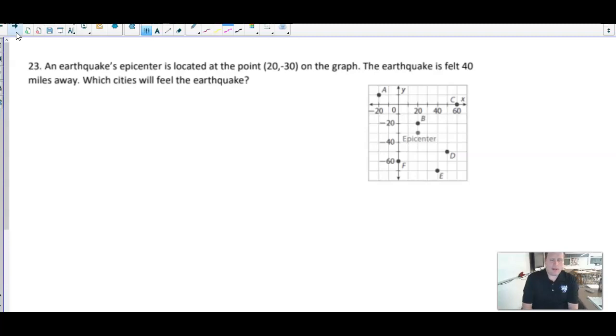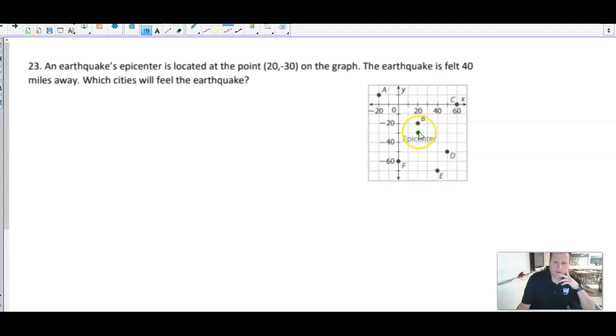Okay. We can also do some story problems here. If I've got an earthquake, its epicenter is at (20, 30), so that would be right at this point here. And the earthquake is felt 40 miles away. That means the radius is 40 miles. If you notice, these are all in increments of 10, just so you guys are aware of that.